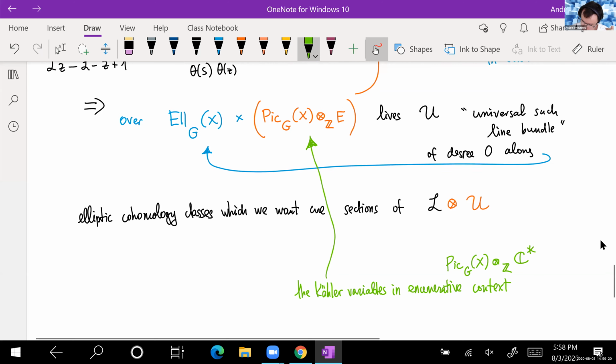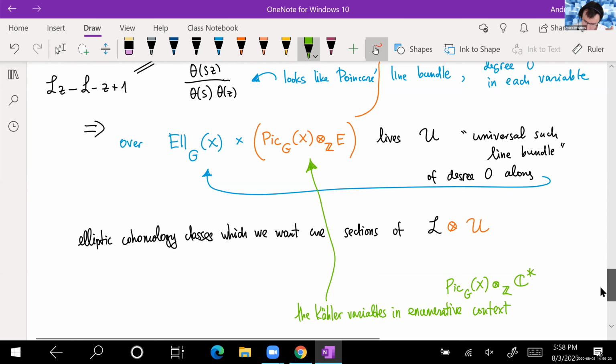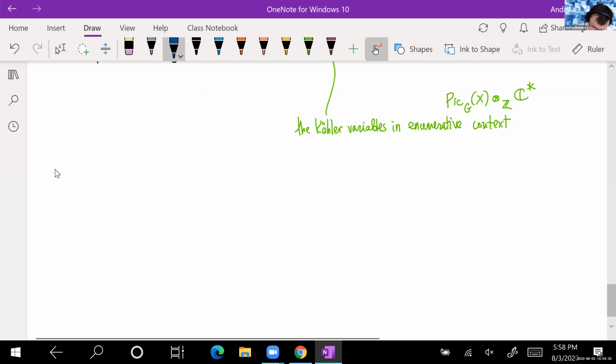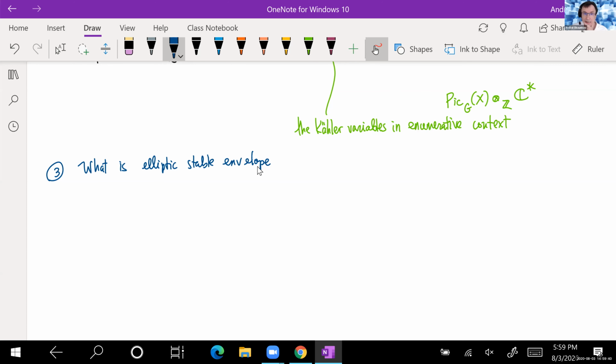So okay, now part 3: what's the envelope? I recall the picture, maybe you've seen it before.